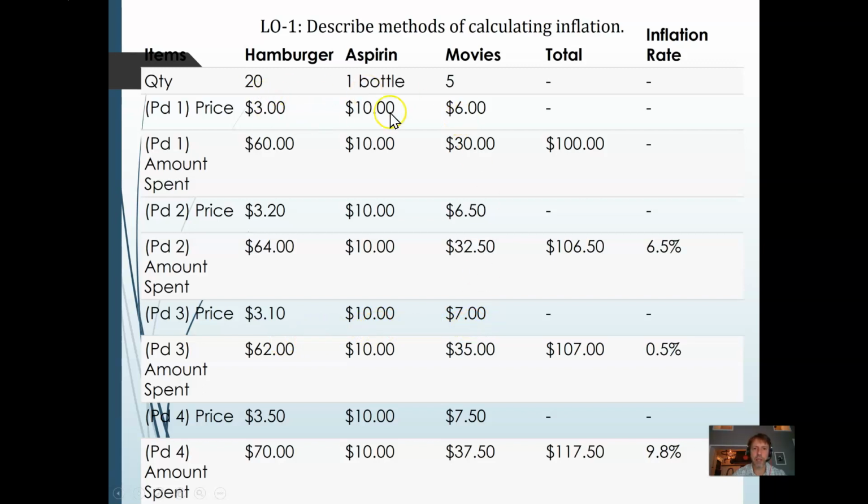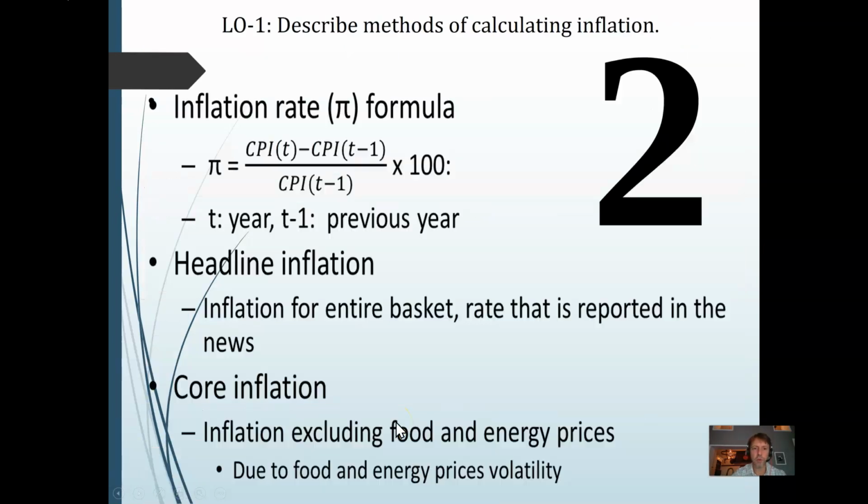We multiply them by the same amount that we bought each of the other years, and we get a total of $107 spent, and we'll call this year three. Now we're comparing the difference from year three to year two. There's only a 50-cent increase, and we would divide that by the original amount, and we'd end up with a very small 0.5% inflation rate. And then they do it again for the fourth one.